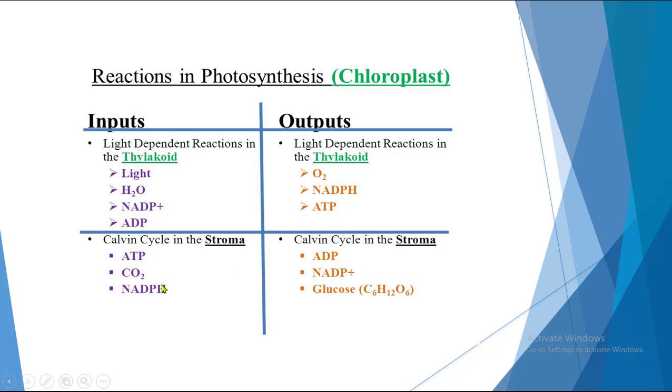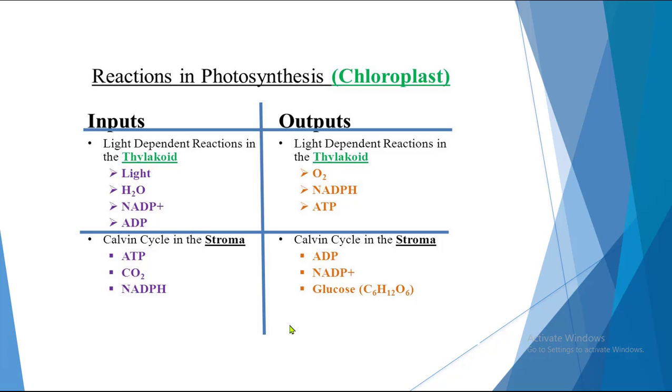They are utilized in the dark reactions. And carbon dioxide from the atmosphere is also utilized in the dark reactions. And the major output of the dark reactions is glucose, and ADP and NADP will again be utilized in the light reactions. So the major output of the dark reactions is glucose, which is the major purpose of photosynthesis.